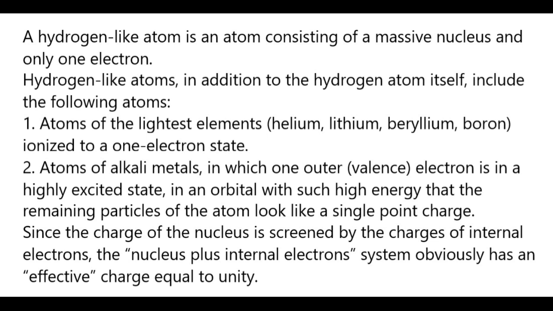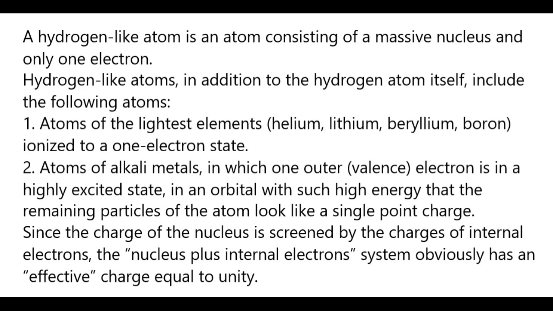Hydrogen-like atoms, in addition to the hydrogen atom itself, include the following atoms. 1. Atoms of the lightest elements, such as helium, lithium, beryllium, and boron, ionized to a one-electron state. 2.